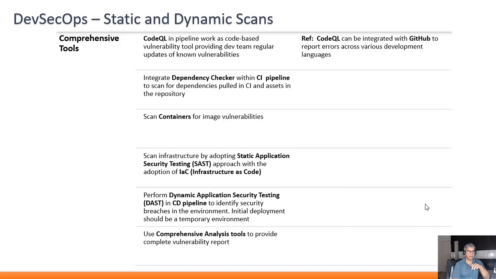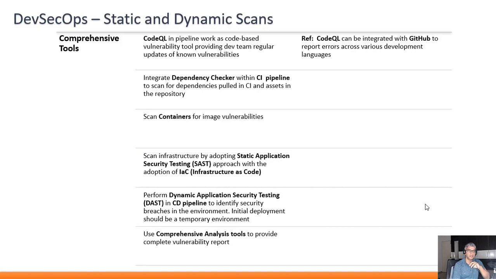Dependency checker is another part of the CI pipeline, which scans the different kinds of dependencies. Every code base, every application that you are building, has dependencies involved. It can be framework related, it can be third-party dependencies, third-party services, APIs, libraries, DLLs.